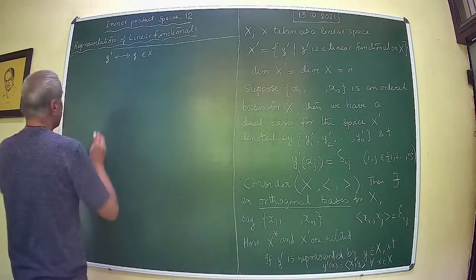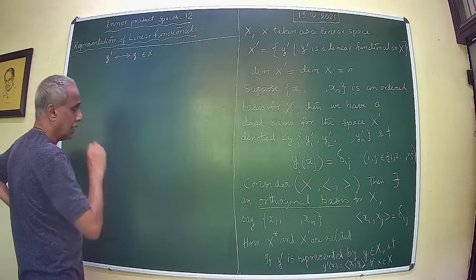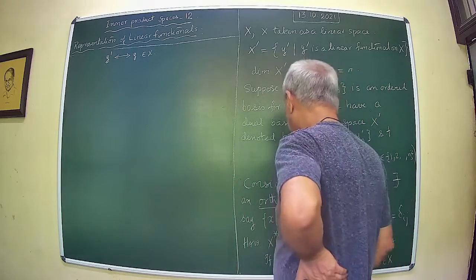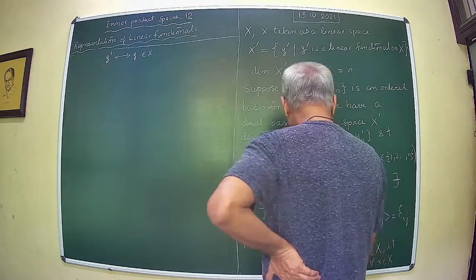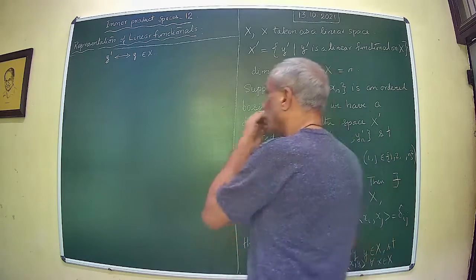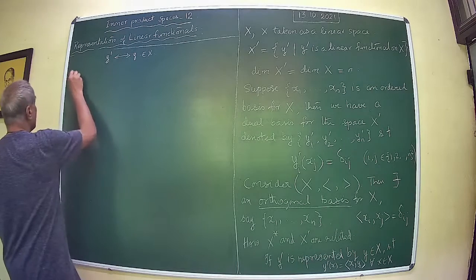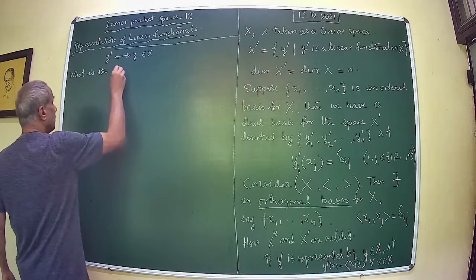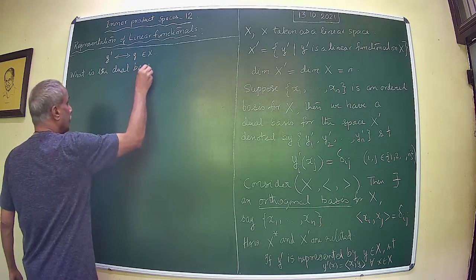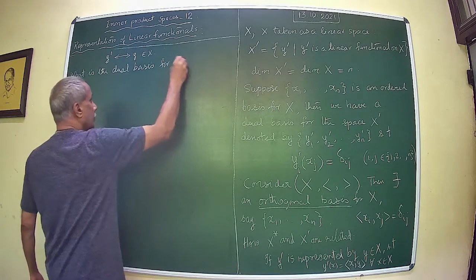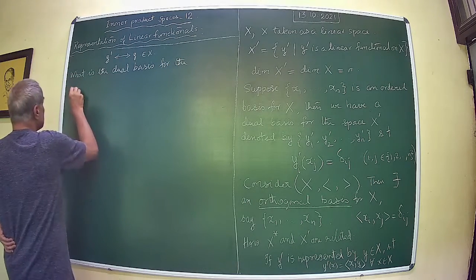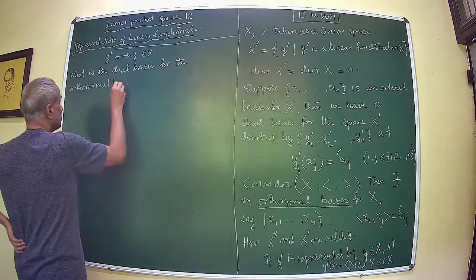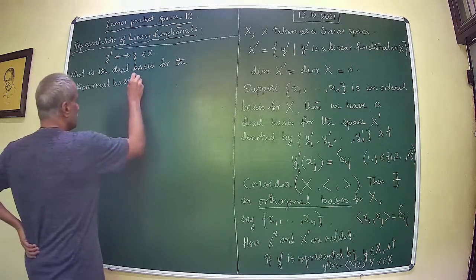So suppose we write y as a combination of the basis vectors. Okay, what is the dual basis for x? This is the question that you are asking.